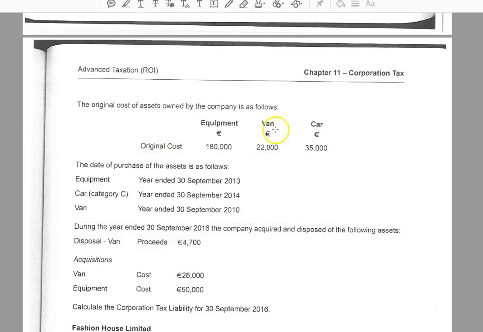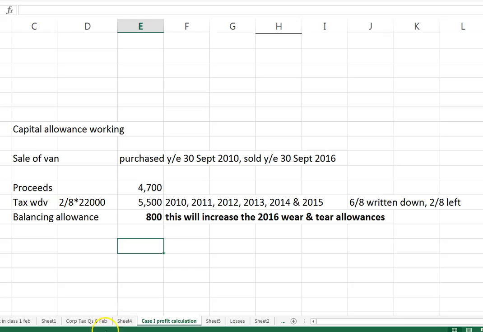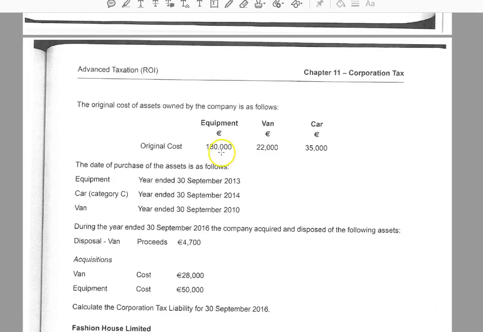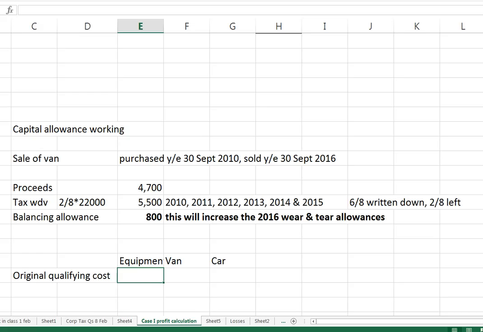3 types of assets: equipment, van, and car, and we purchased equipment and van, and we sold a van. Okay, so we've only 3 columns: equipment, van, car. The original qualifying cost: equipment 180, van 22, and the car 35. 180 and 22, they're the easy ones.